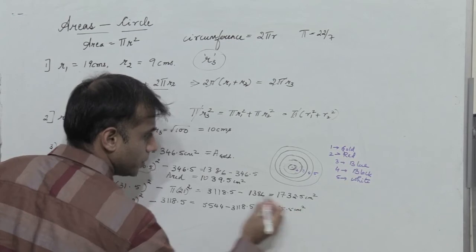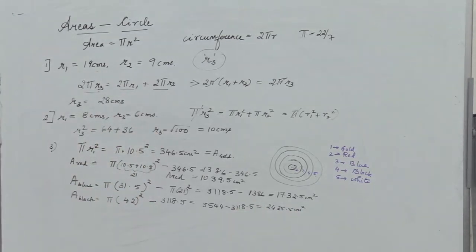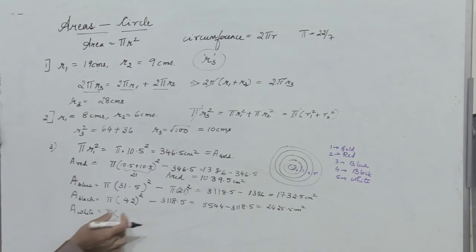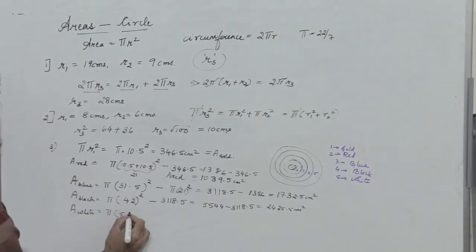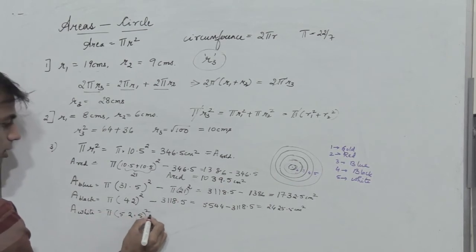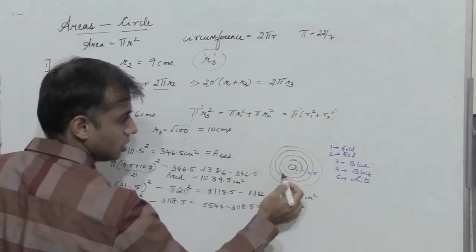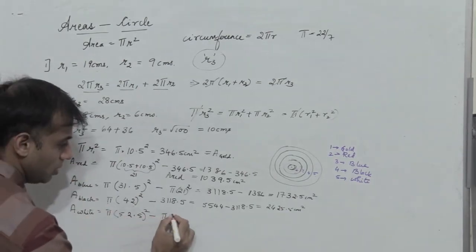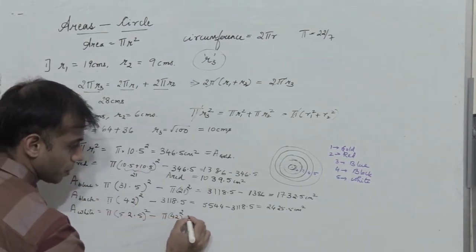So finally we need to find the area of the white region. So the area of the white region is again pi into, now again I need to add 10.5 to this radius. So that gives us 52.5 the whole square minus the area of this entire region with the diameter 42, which is pi 42 square.